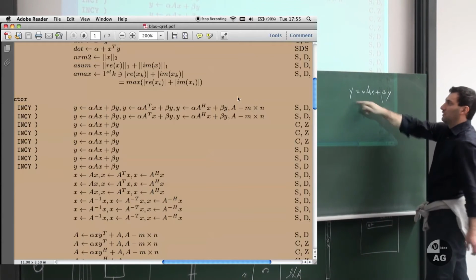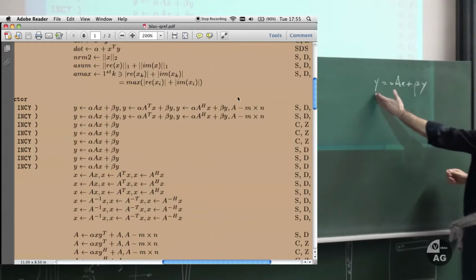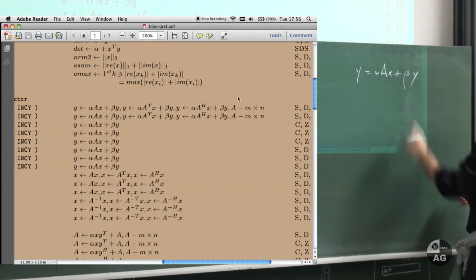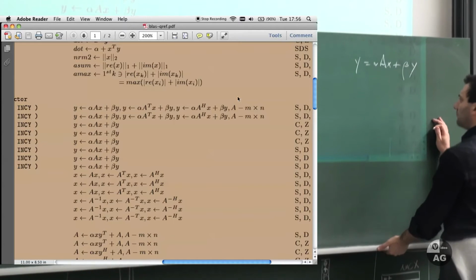Basically, you are updating y by scaling it and adding alpha a x.